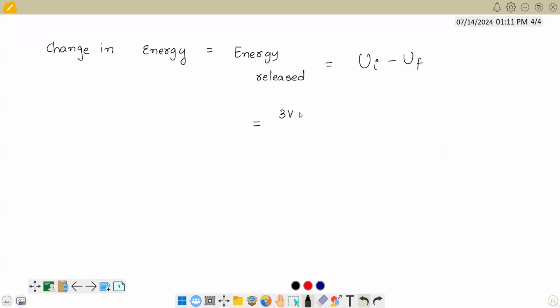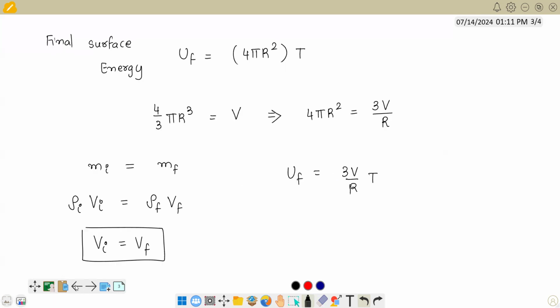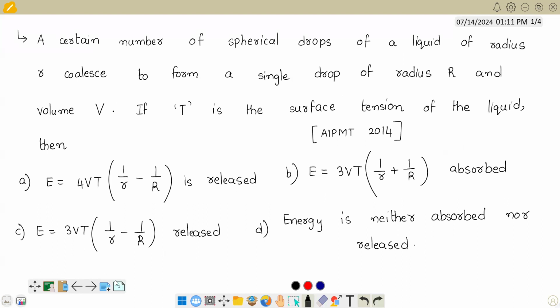So let me write 3VT by small r minus 3VT by capital R. If you take 3VT common, you will get 1 by small r minus 1 by capital R, which is nothing but, I think, option C.